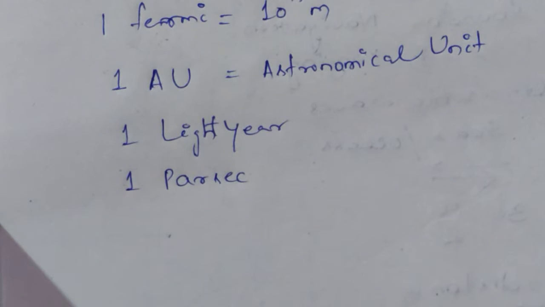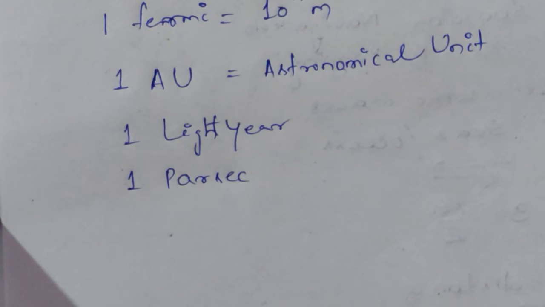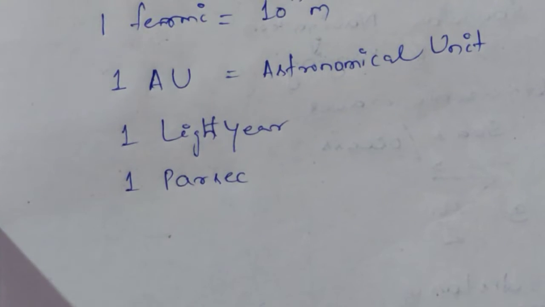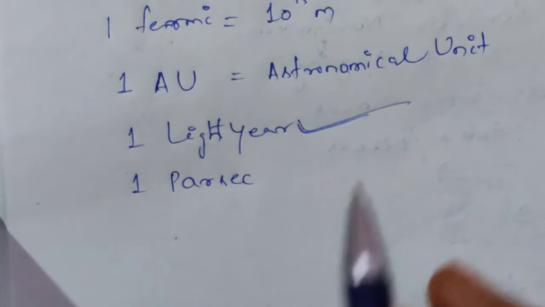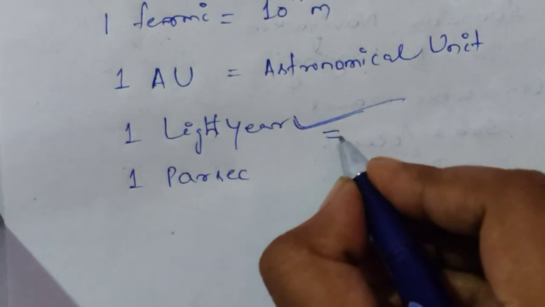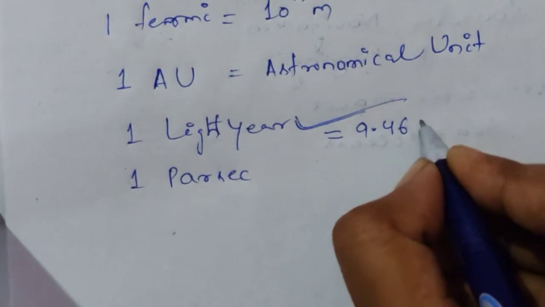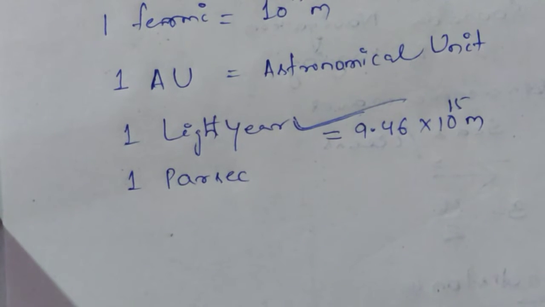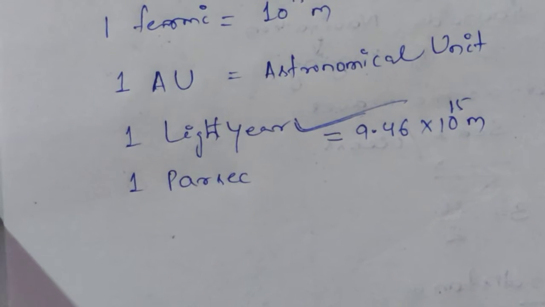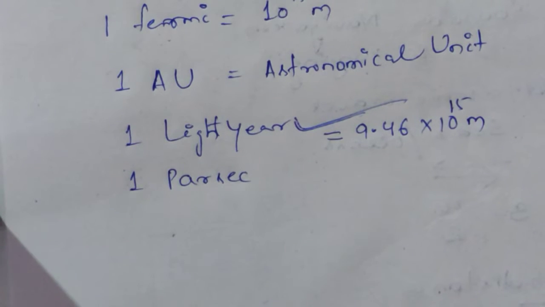Now see, light year you all know, right? 1 light year is the distance traveled by light in vacuum in 1 year. This thing you know. So the value of it is 9.46 × 10^15 meter. Clear? Next we have 1 astronomical unit.